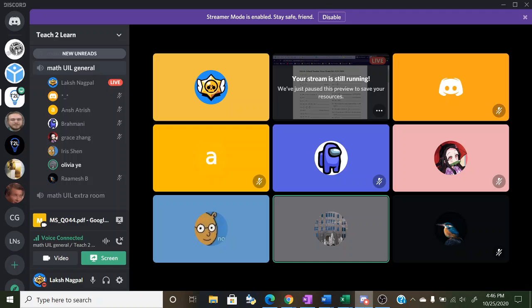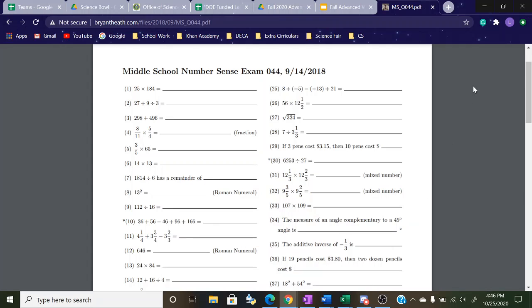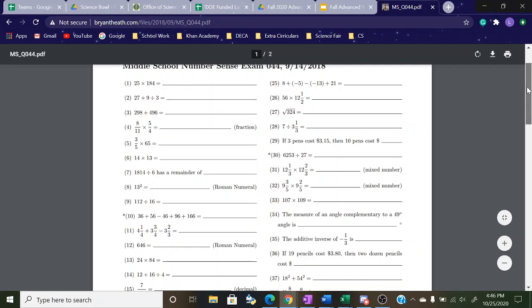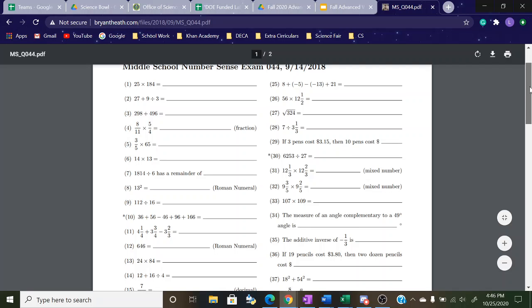The questions are screen shared, and you only need to try the first 20. We'll do A plus math next time, but for today, we can do number sense.